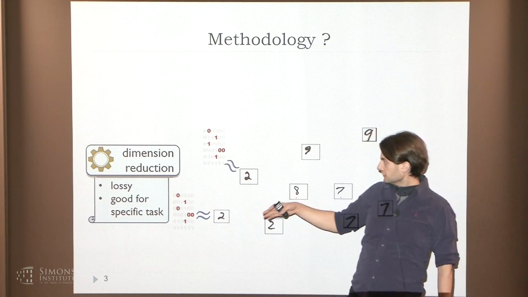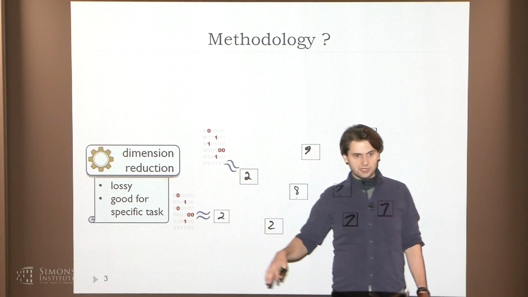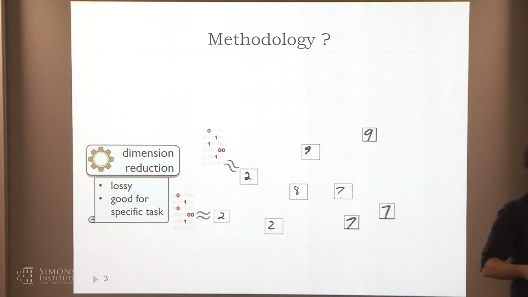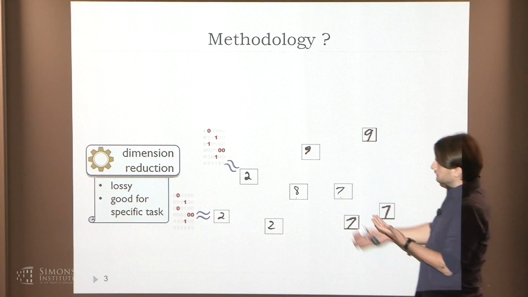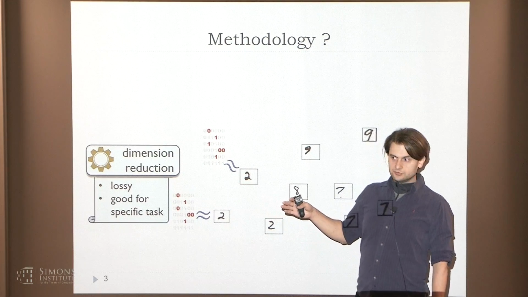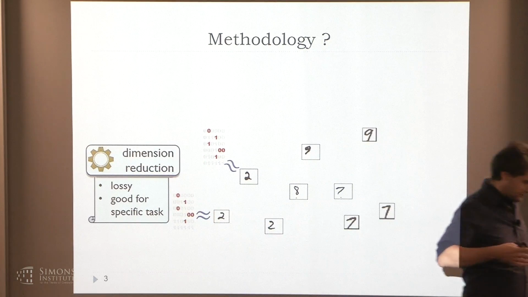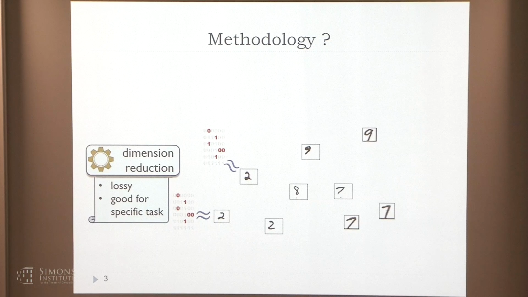We cannot uncompress it. So it is lossy, but it is good for a specific task. So as a tool for compression, think about this as functional compression. It is good for the specific task, and the specific task here is computing the distance.